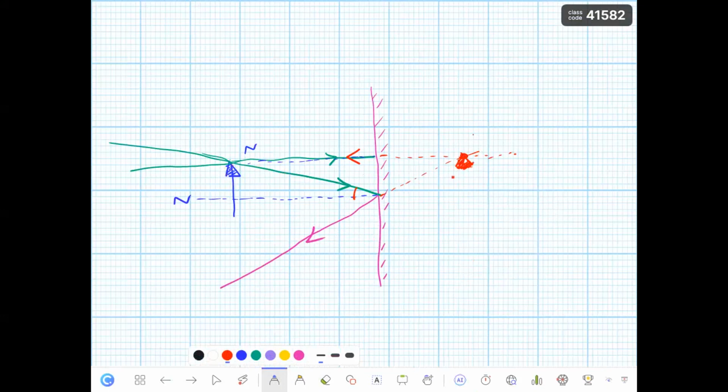Good. So you can do the same thing for the other part, but it's not necessary. If you find the first, it's going to be exactly the same. This is how the image is created in the plane mirror, by extending the reflected light behind the mirror. So we will have an image. We call this a virtual image.